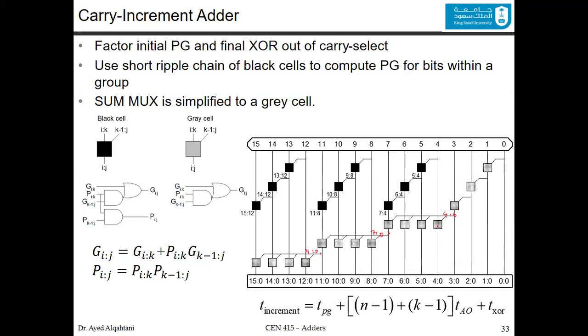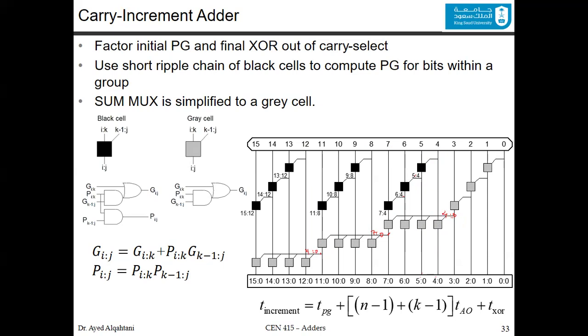You don't have to do the rippling in those three stages because you are actually having the rippling in the black cell here. So here you have from 4 to 5. Here you have from 4 to 6, and here you have from 4 to 7. So if you want to generate from 0 to 5, you actually have from 0 to 4, and you add to that, or you concatenate 4 to 5.